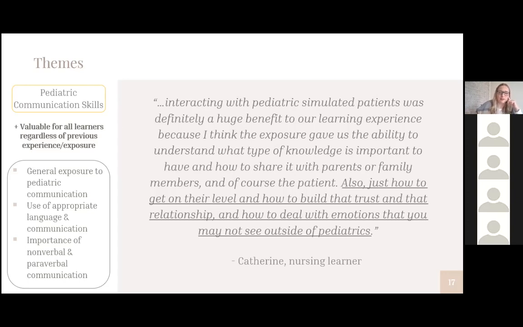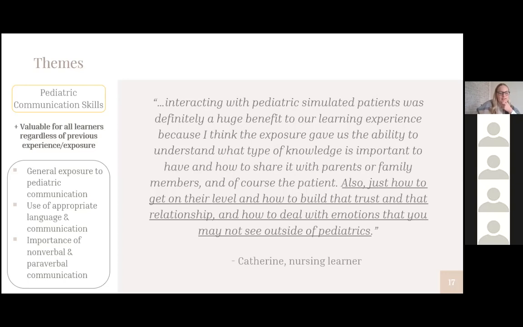One of the participants identified as being a parent themselves and having extensive experience working and being around children. And one learner identified as having none, had never really interacted with a child, had no young children in their family or friends with young children, had never done summer camps as a teacher or anything like that. So they really felt they had nothing going into these simulations.